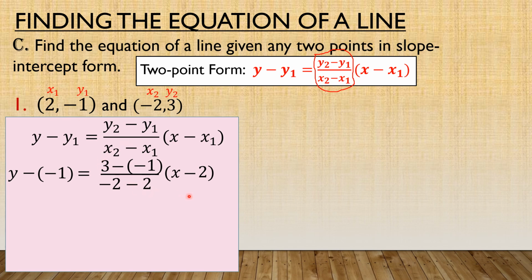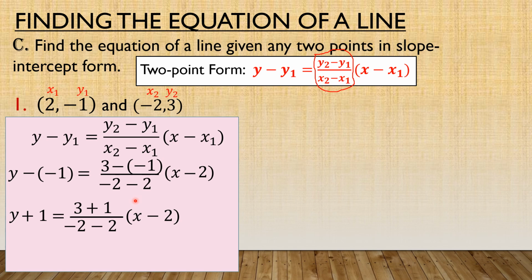Okay, so we have, kailangan pagsamahin muna natin tong double negative signs na to. So, we will have y plus 1, minus negative 1 will be plus 1 equals, ito rin, pagsamahin din to. So, we have 3, magiging plus na siya. And then, kopyahin muna natin yung nasa baba. Yung negative 2 minus 2.